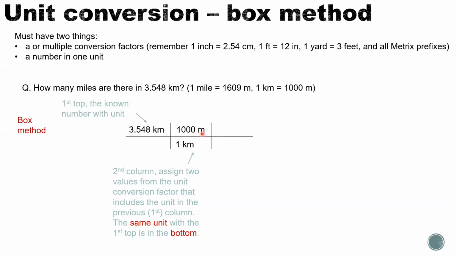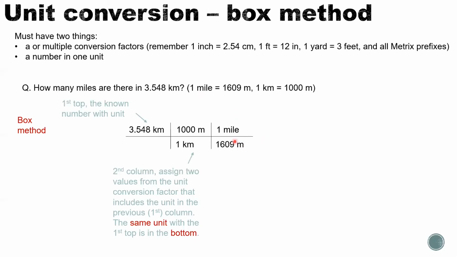So now here's meter. In the lower part, we put the unit conversion factor including meter. So in the bottom of the third column, we put 1609 meters, and on top, the other part of the unit conversion factor, 1 mile.